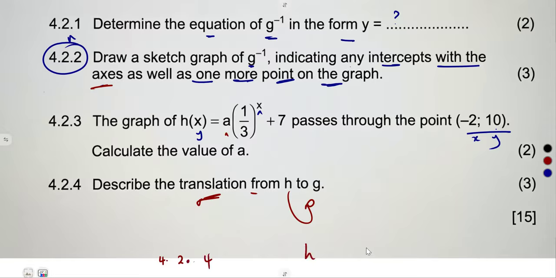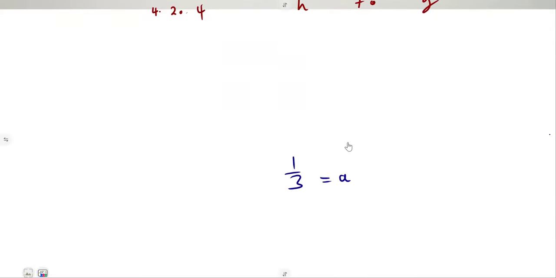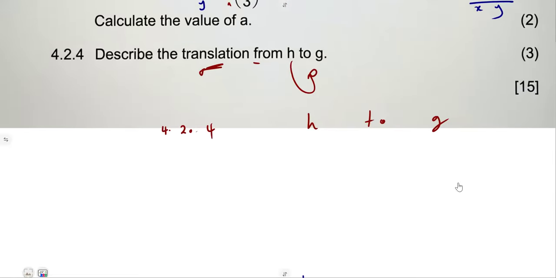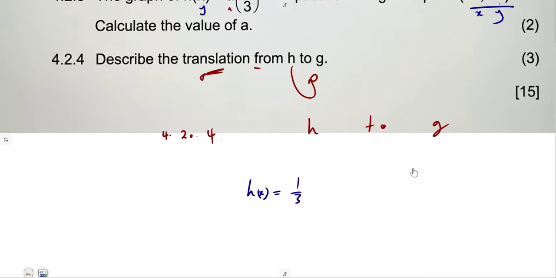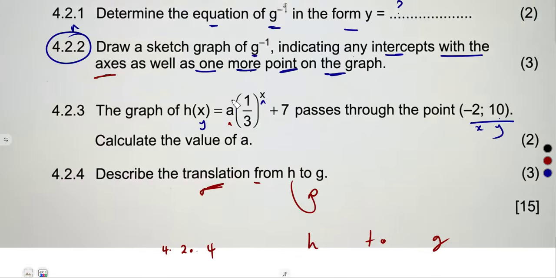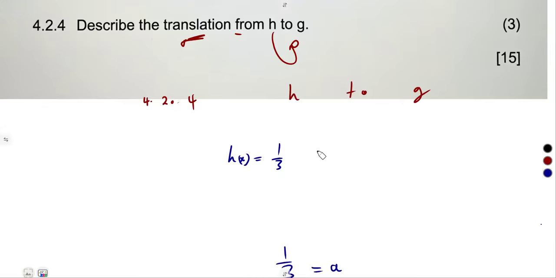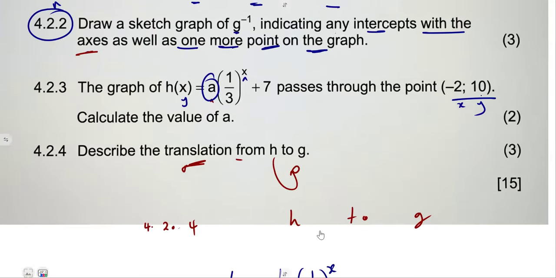We want to transform from h to g. For h, we just calculated a. We said our a is 1 over 3. So I'm going to substitute that in place of a in our h(x). So that's 1 over 3 times 1 over 3 to the exponent of x plus 7.